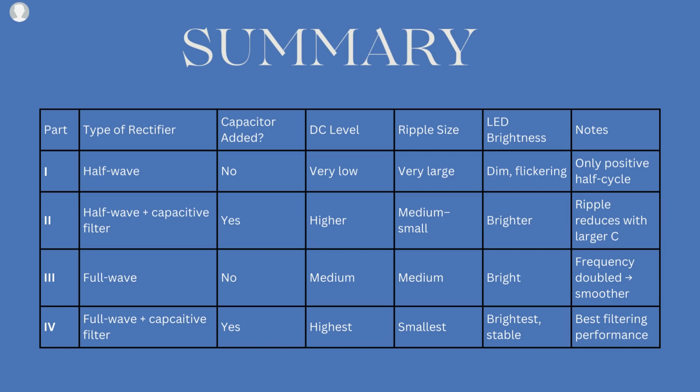So, for part 1, only positive half cycle is produced, and part 2 has ripple reduced with larger capacitance. For part 3, the frequency is doubled for a smoother output. For part 4, we have the best filtering and performance.